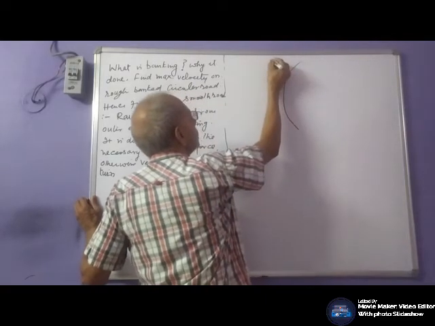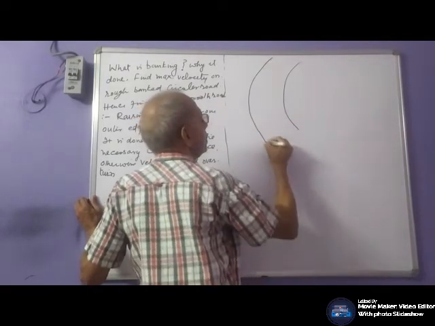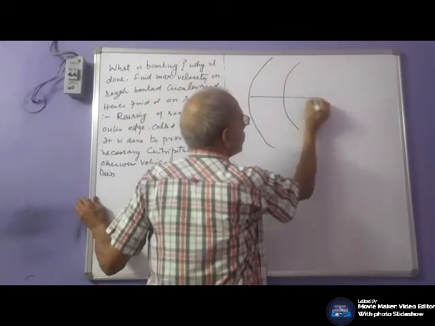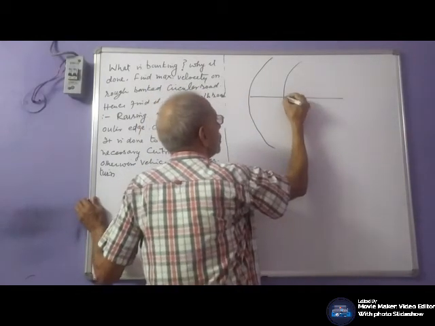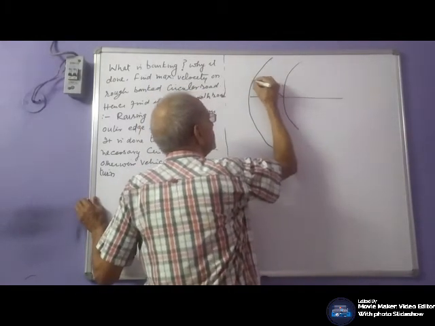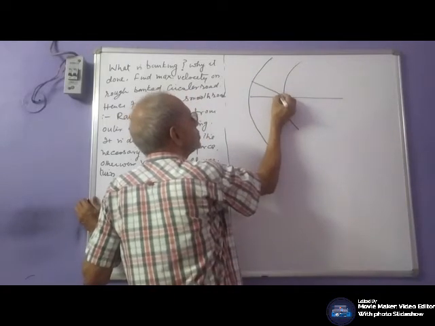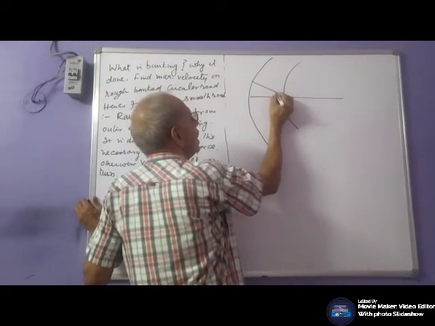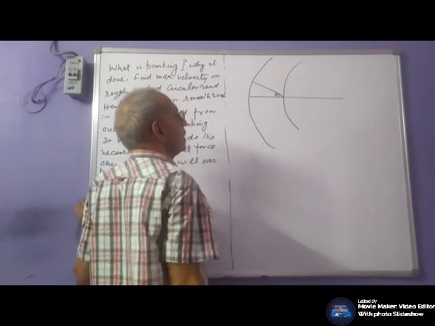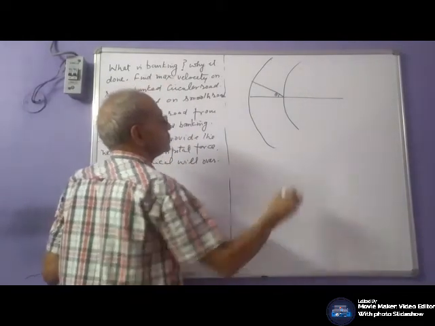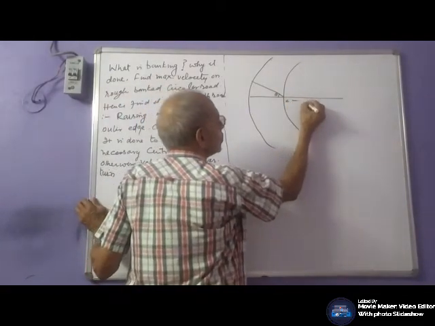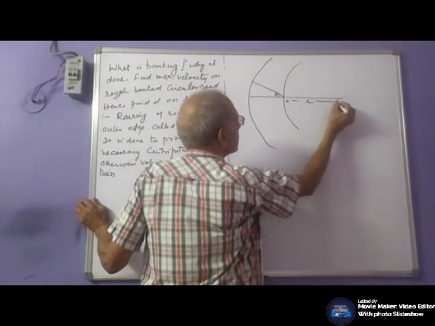This is that circular road. This is banking. This is the angle of banking. This is the radius.